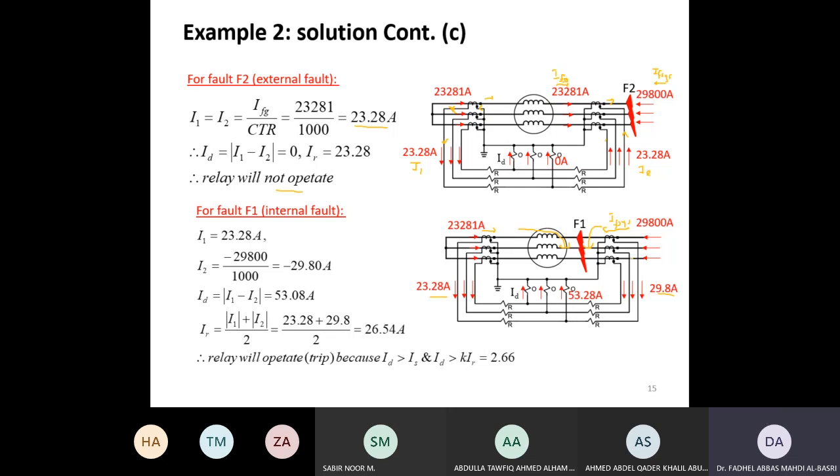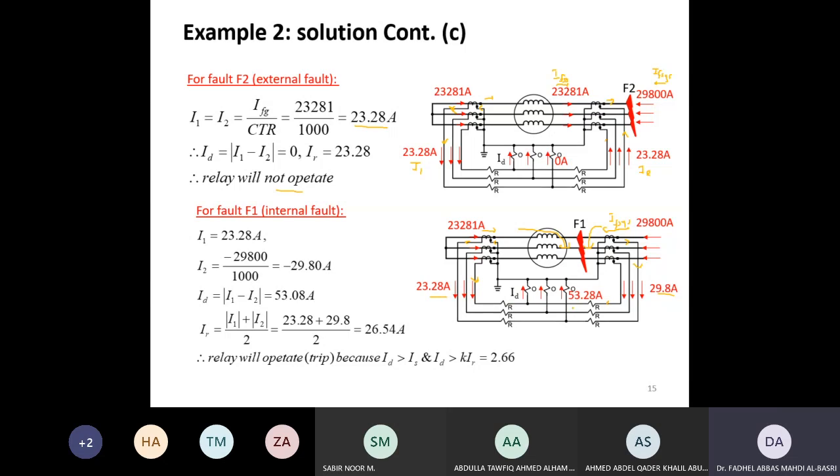While here, the current will reverse. Now, current entering a dot corresponds to current leaving a dot. This is in this direction, right? And this is current leaving a dot corresponding to current entering the dot in the secondary side, so current in this direction. Now, if I compare this phase with the same phase on the other side, both currents are now entering the relay.